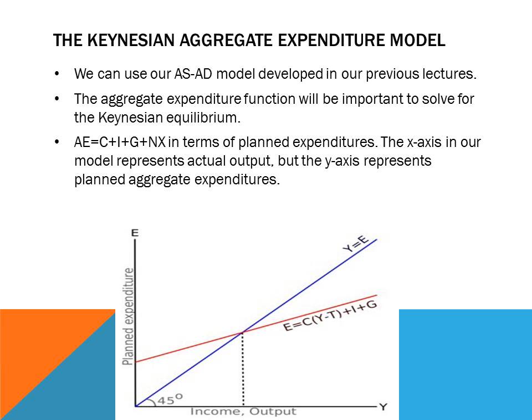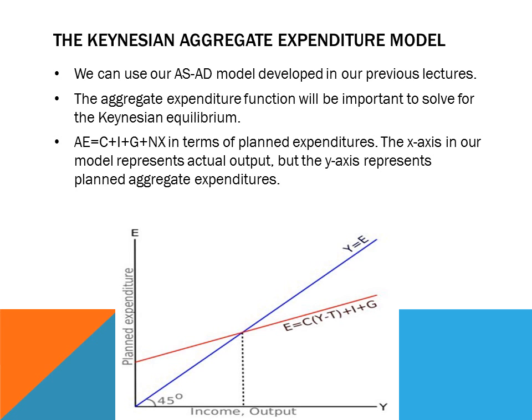So anytime our red aggregate expenditure function does not cross this 45-degree angle line, we are out of equilibrium. If we fall to the left of this equilibrium point, we're having more expenditures than we're actually producing in national output. This will cause business inventories to decrease, and it will provide the incentive for them to increase production.